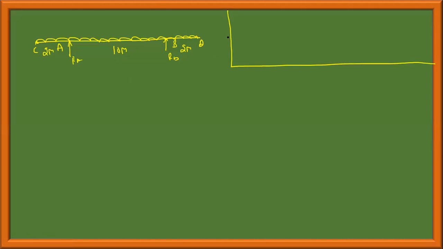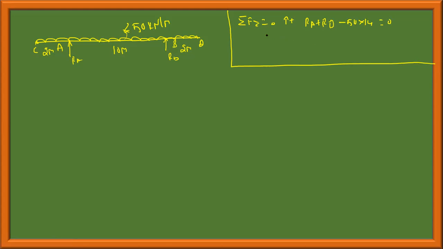First, summation of vertical forces is equal to 0. This is of magnitude 5 kilonewton per meter. Force acting upwards is positive. Therefore, RA plus RB minus 5 into 14 is equal to 0.